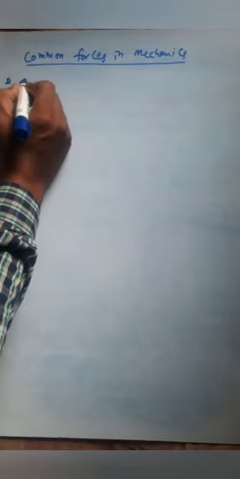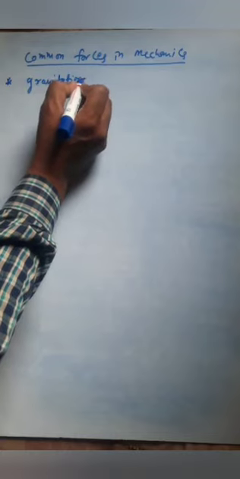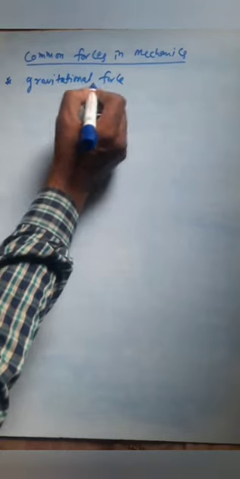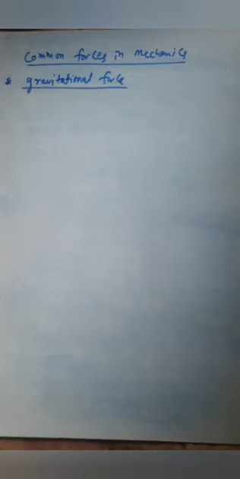The next topic is common forces in mechanics. I am taking the first force, the gravitational force. Every object on the earth experiences the force of gravity due to the earth. This gravitational force is always towards the earth's center.